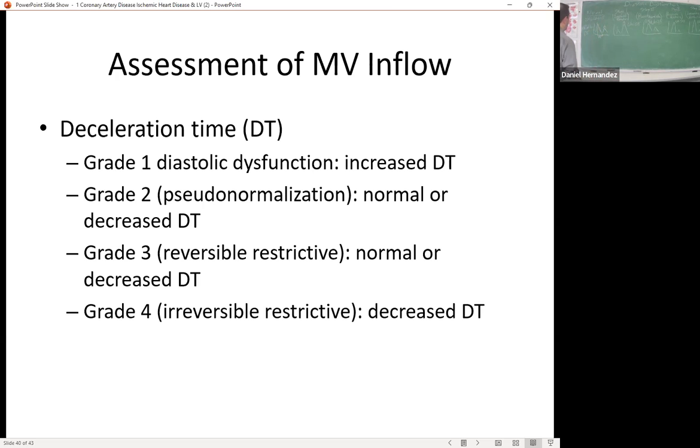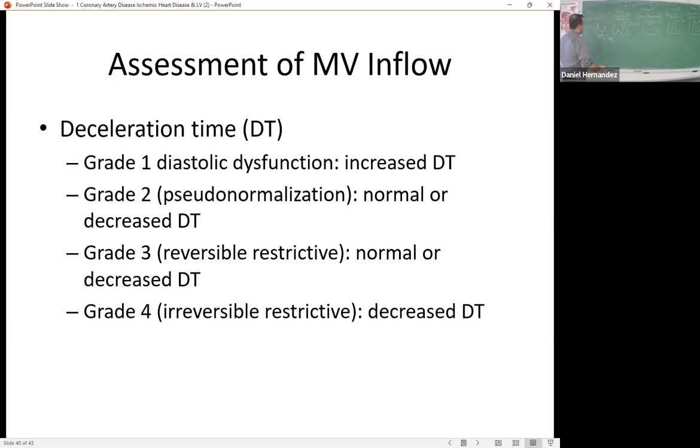So that's going to be your deceleration time. So with normal pattern, we have deceleration times that are going to be greater than 140. So DT is going to be greater than 140 milliseconds.